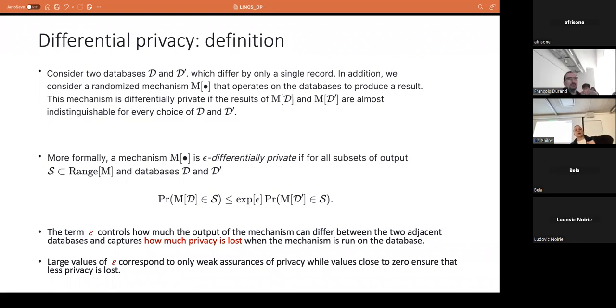Centralized is when agents report their data to a centralized operator, and then this operator outputs a differentially private M of what it obtains. In local differential privacy, each agent first applies M to their data, and then reports it to the database.